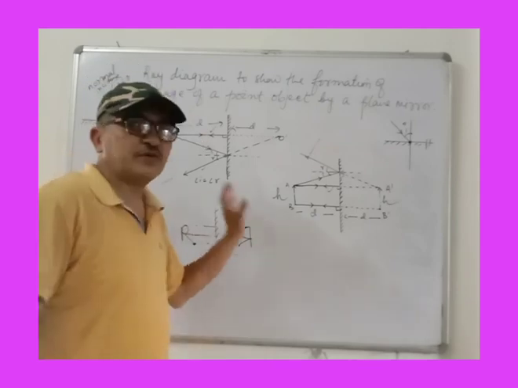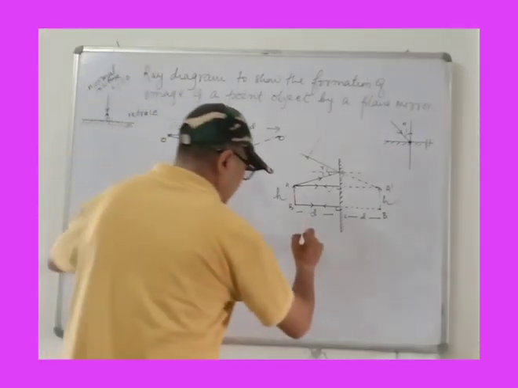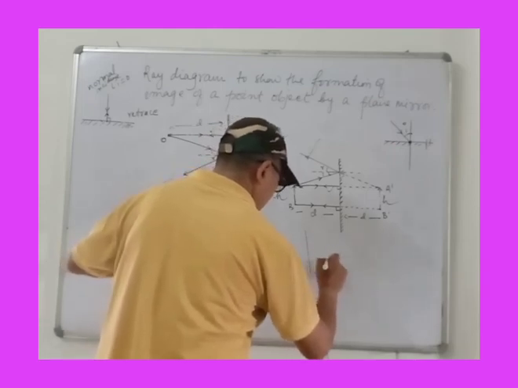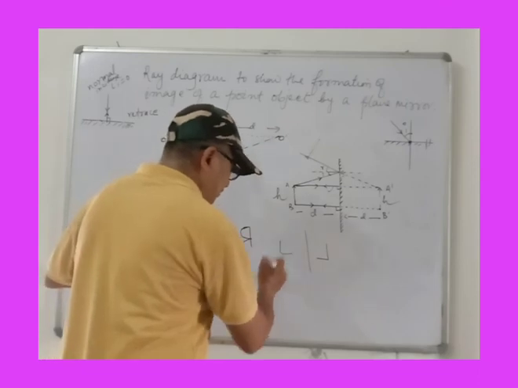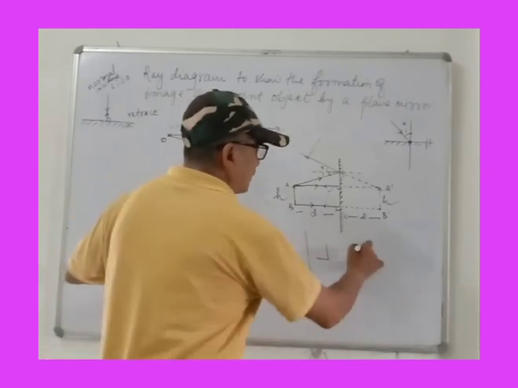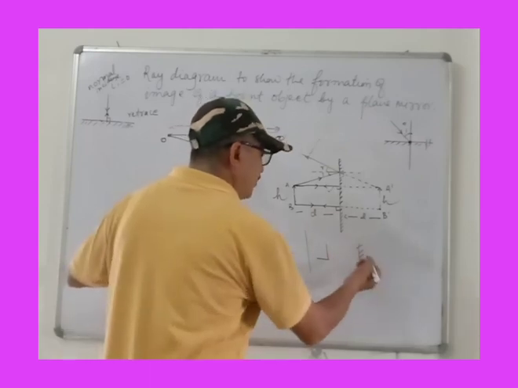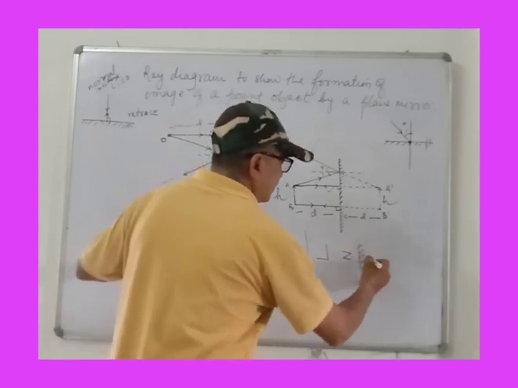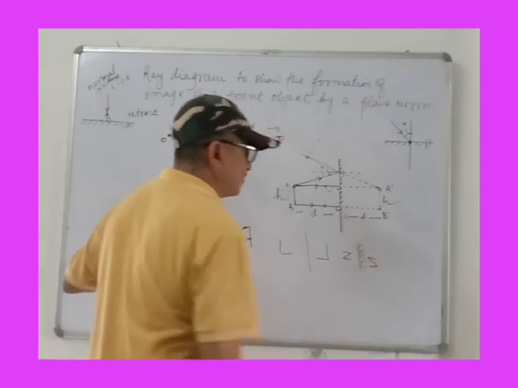This kind of picture you can also see in the book. Another one, suppose L, it will be L. The size will be the same. Suppose M will be the same, and Z will be like this.